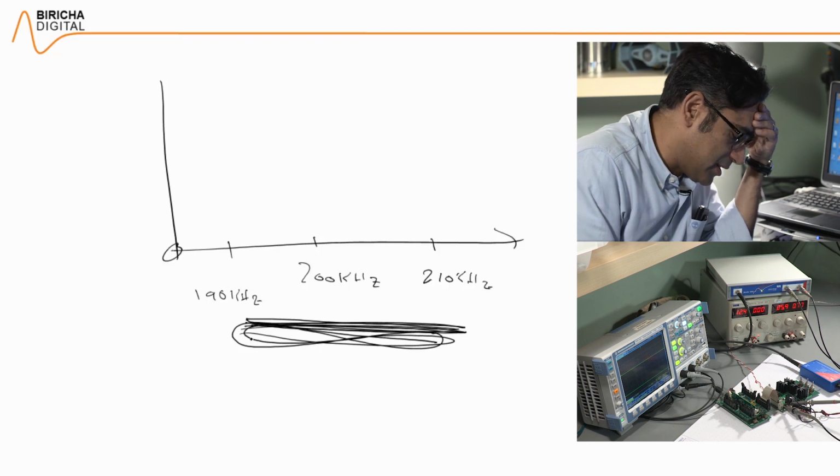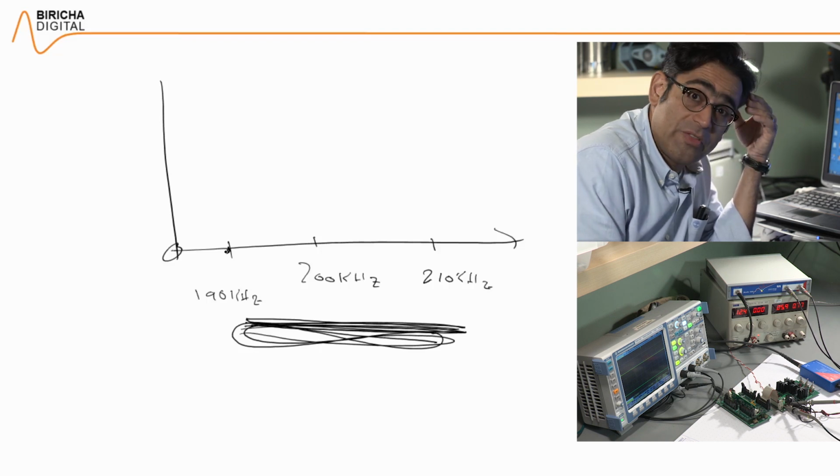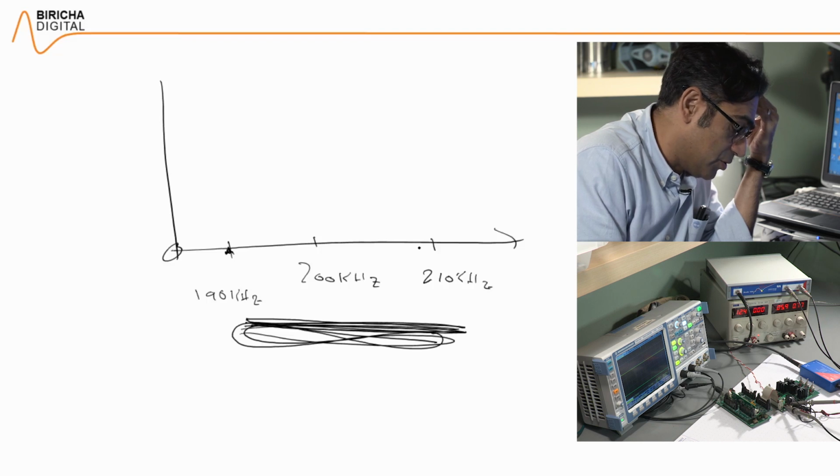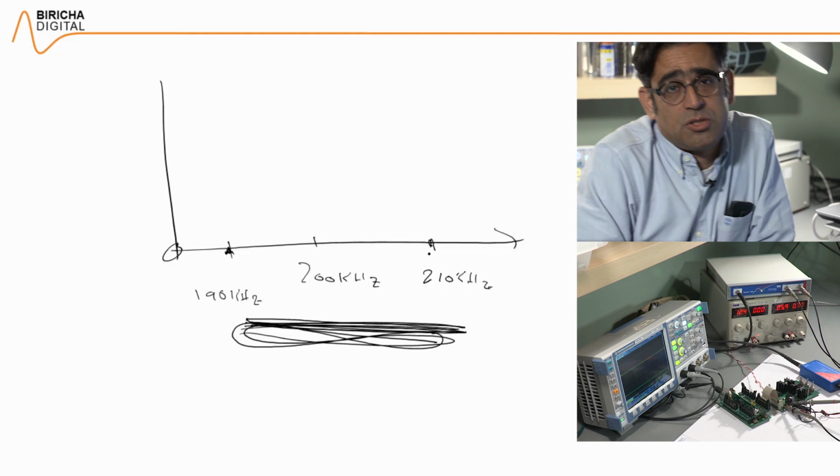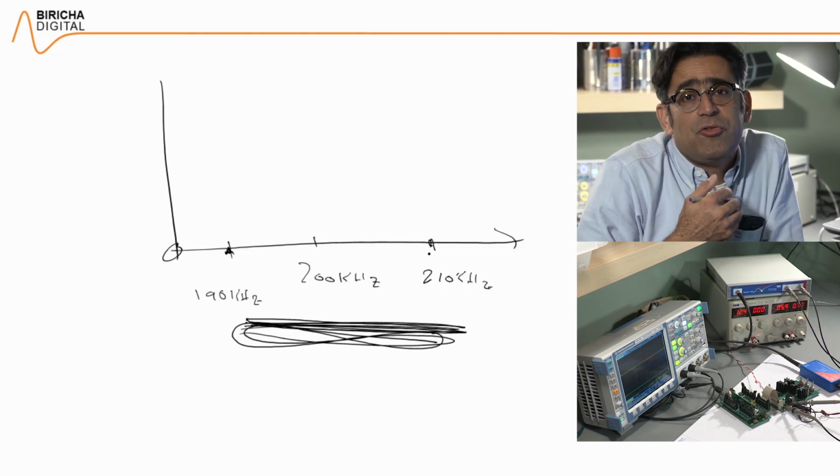Now the frequency at which you go from this point 190 to that point 210 will be much lower than your switching frequency, and this will get through your control loop and you will end up with an unwanted ripple on the output.